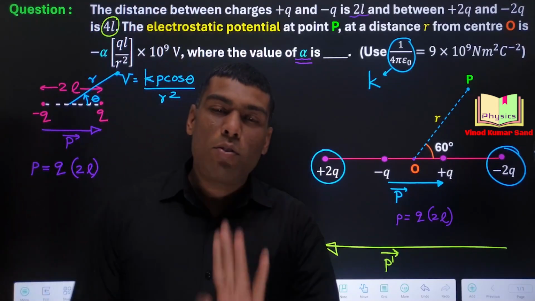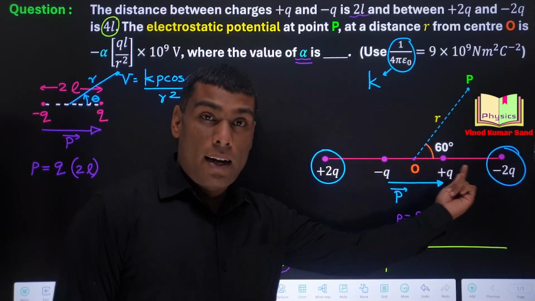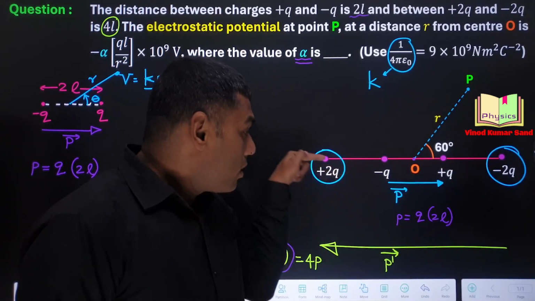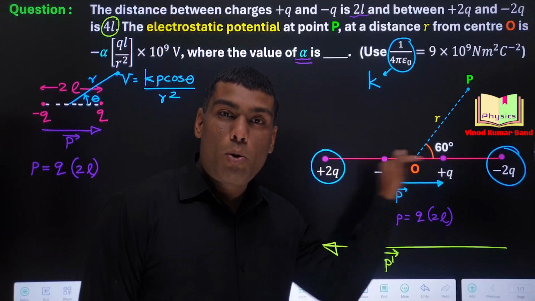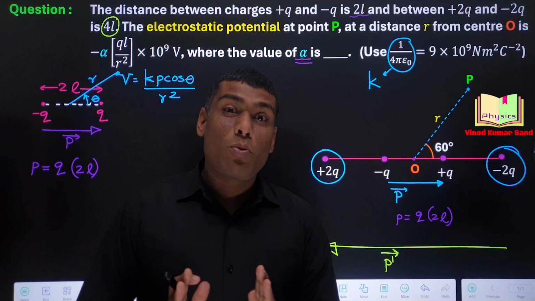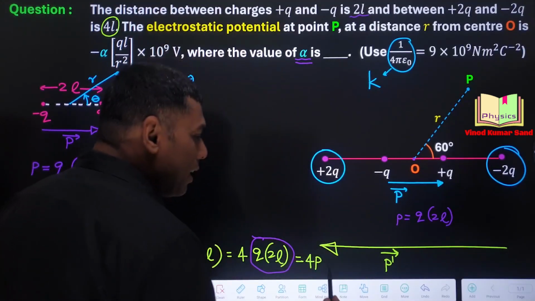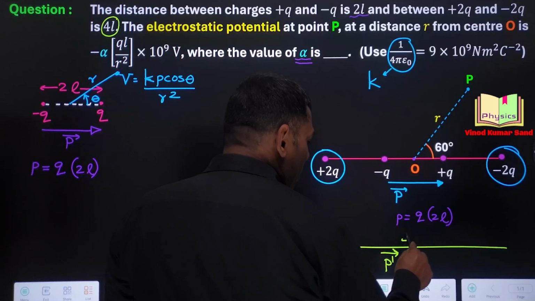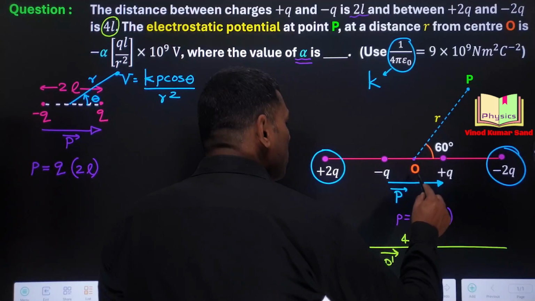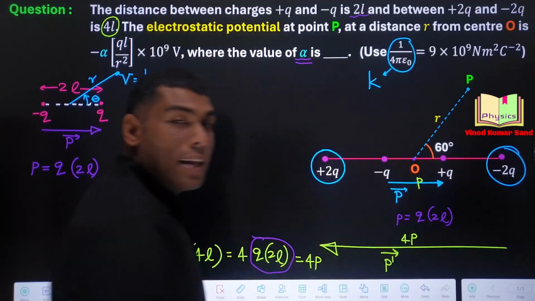So basically we got the magnitude of the second dipole as 4P, directed like this. The first dipole has its electric dipole moment directed like this. Since electric dipole moment is a vector quantity, we can take their resultant. What I mean to say, magnitude here is 4P and magnitude here is only P.